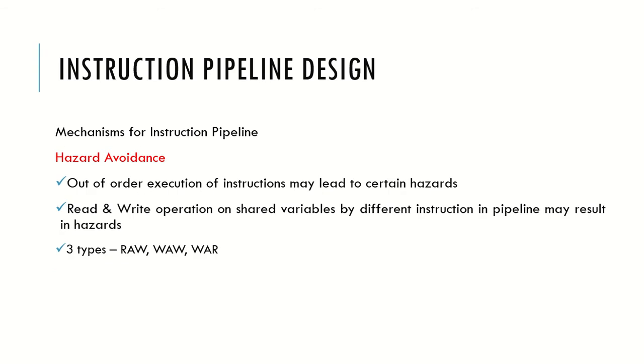The last one is hazard avoidance. As we have said, there are three types of hazards: RAW hazard, WAR hazard, and WAW hazard. RAW hazard or read after write, WAR hazard or write after read, and WAW hazard or write after write hazard. So if you can employ some out of order execution or some rearrangements and then resolve the conflicts, that is called hazard avoidance.